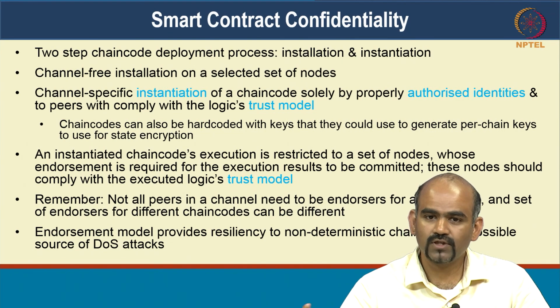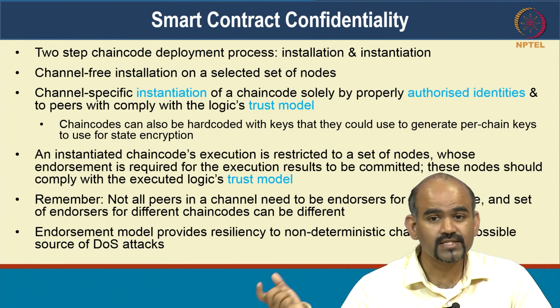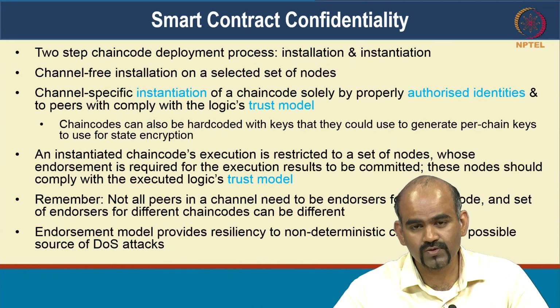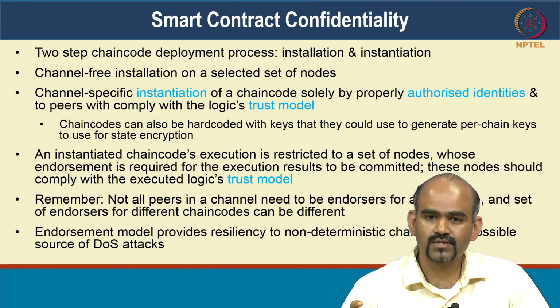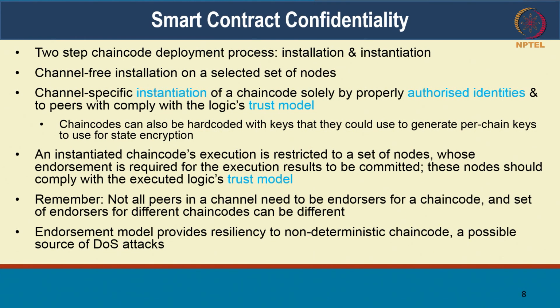The remaining 5 will not have the chain code logic at all, but will see the transaction data, will see the chain code's data, but they will not see the logic or the code of the chain code itself. So only endorsers will have the code. And within those endorsers, of course, you can have the endorsement policy. So you can say for a particular transaction, 3 out of 5 endorsers have to sign, right? But only the 5 people will have the code itself.